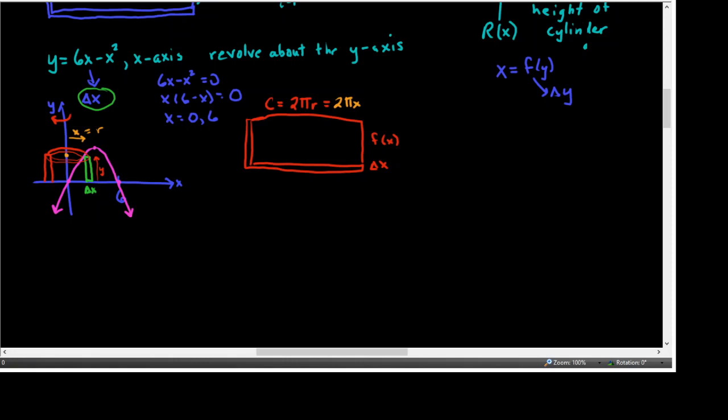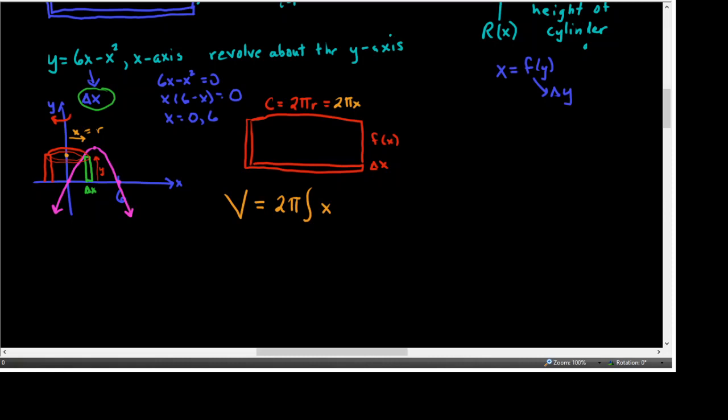Then what we're going to do is find the volume by using the idea that we're going to integrate length times width times height. That 2 pi constant I'm going to pull out in front, generally speaking. So 2 pi, and the x stays inside.